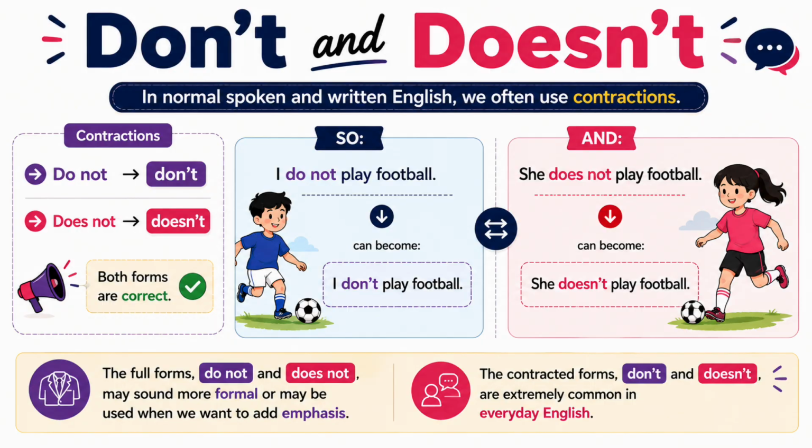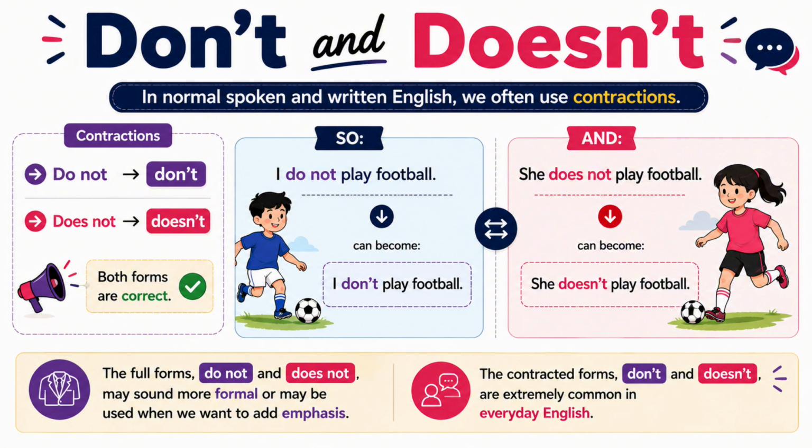Now, one more thing. Don't and doesn't. In normal spoken and written English, we often use contractions. Do not becomes don't. Does not becomes doesn't. So, I do not play football can become I don't play football.